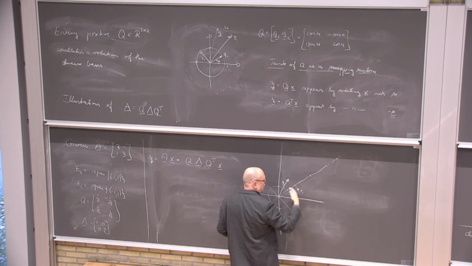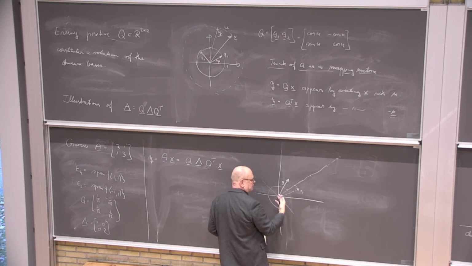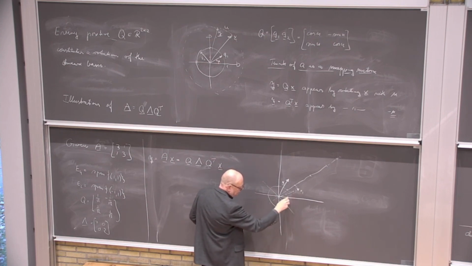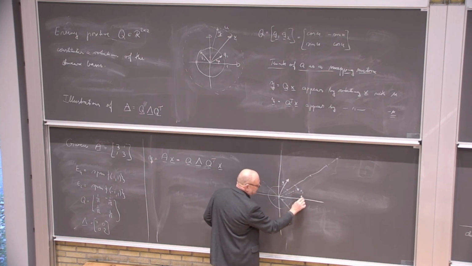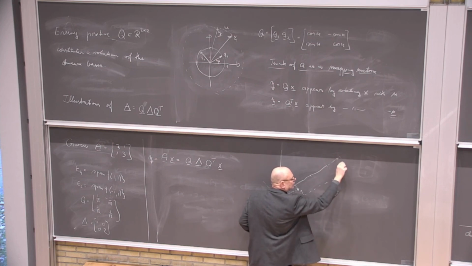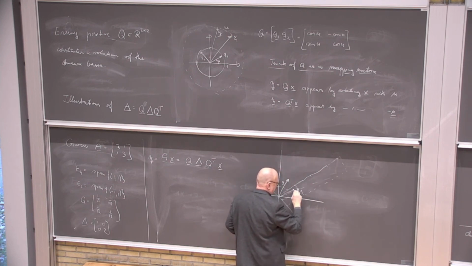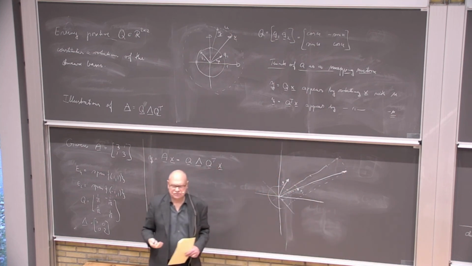So this will be, in the Q1, Q2 system, the first coordinate there. And if you project this down to the Q2 axis, then you have 1, 2, it will be doubled. So if you draw this rectangle here, you will get this vector here. So this is the next stage.